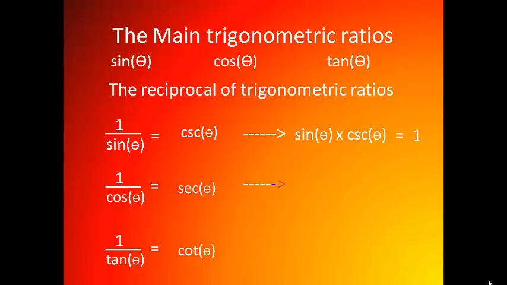And in the same way, cosine theta times sec theta is equal to 1, and tan theta times cotan theta equals 1. So if we multiply any trigonometric ratio by its reciprocal, the result will be 1.